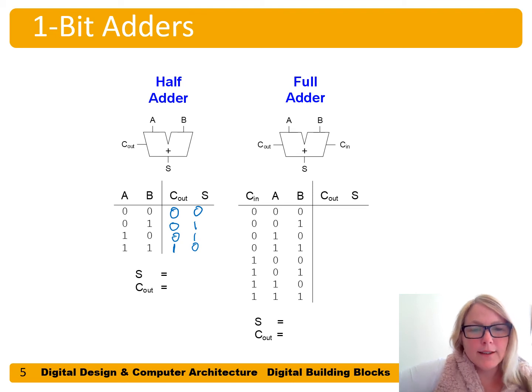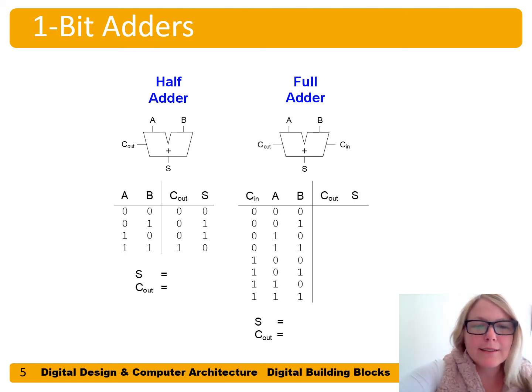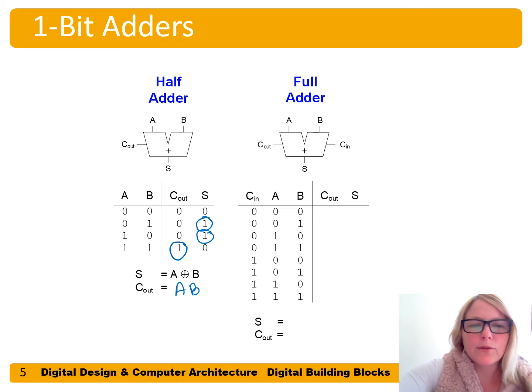And then we can write this more nicely and use sum of products, which is the easiest in this case, or K-maps, but K-maps is overkill in this case. So for C out, we get, well, that's A and B. And we could write our sum bit in sum of products form, or we just recognize it as an XOR function.